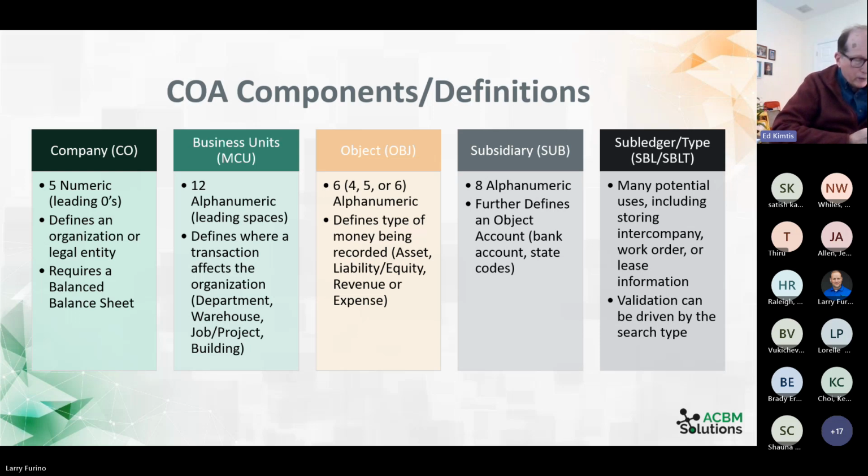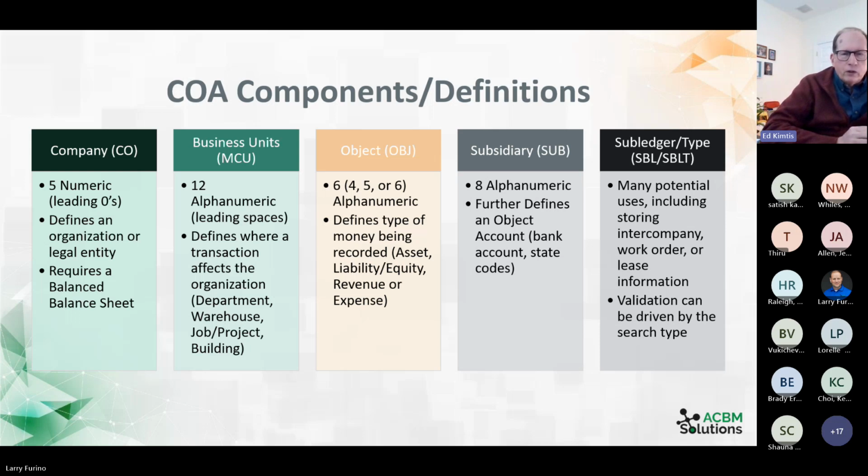JDE only has one. So great care is required to make the best use of the business unit field, to use it in an efficient manner to capture the information you need. So it's a little tricky in JD Edwards as compared to some other systems.